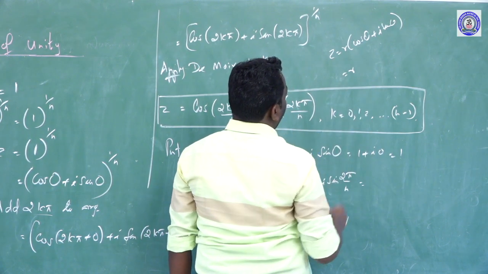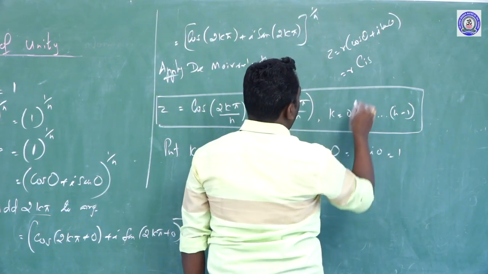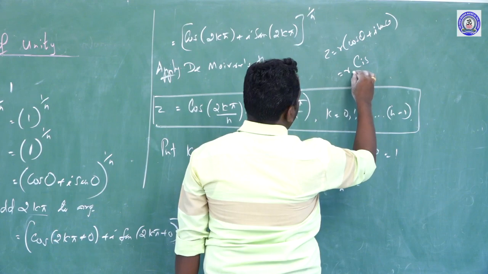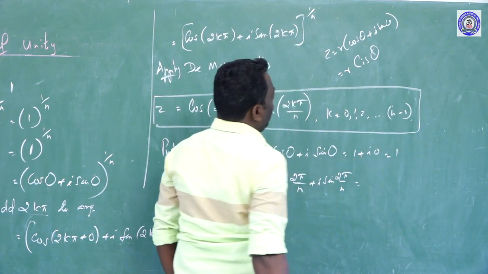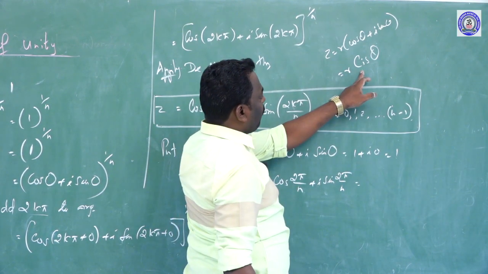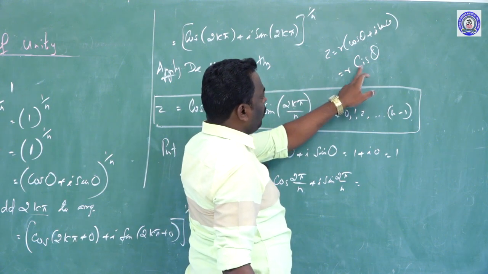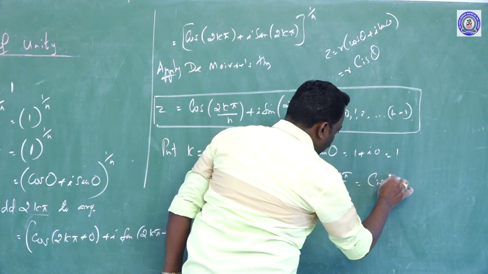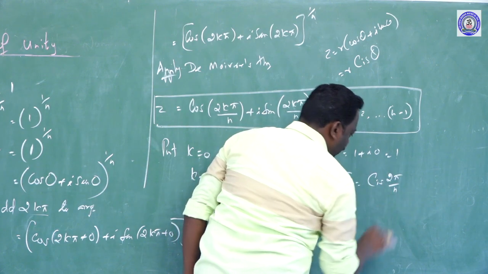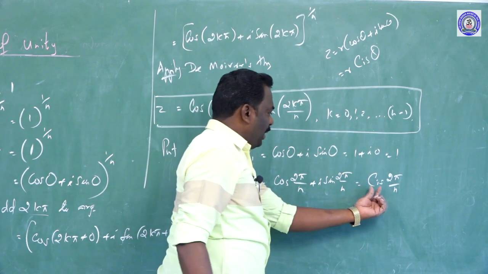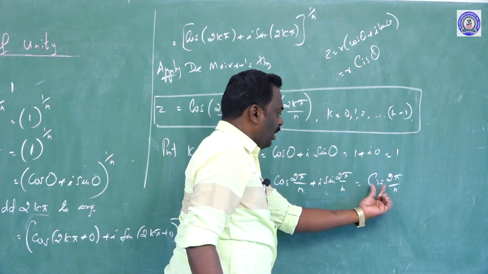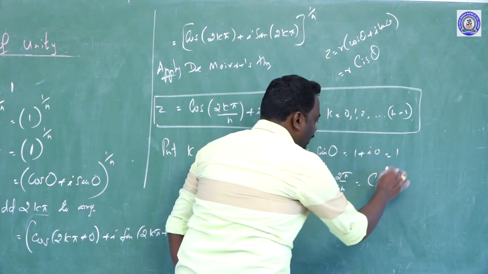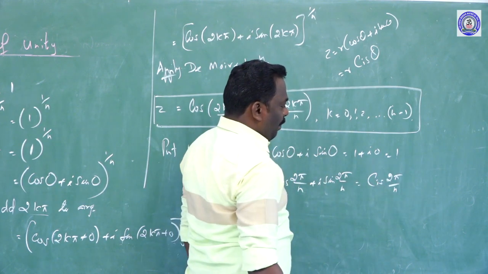We can simply write it as r into cis theta, the short form, where cis stands for cos plus I sin. Therefore here it is cis 2 pi by n, where the argument theta equals 2 pi by n.